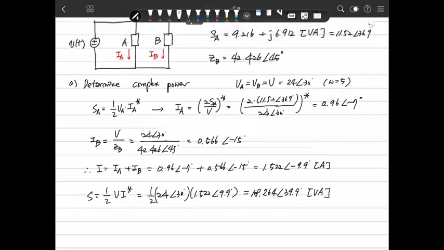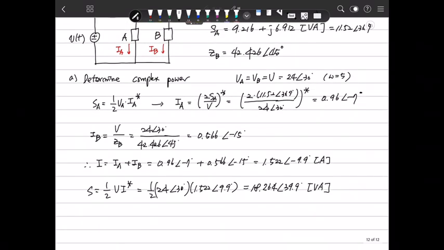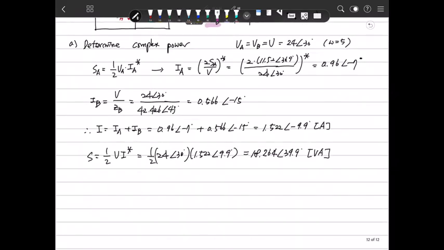Or we can have another solution, because we know the V, therefore we can calculate IB directly. How can you do that? IB is V divided by ZB. Then SB is half V and IB conjugate.